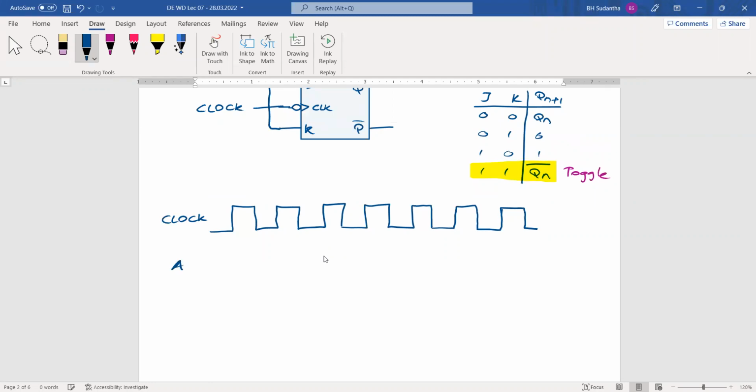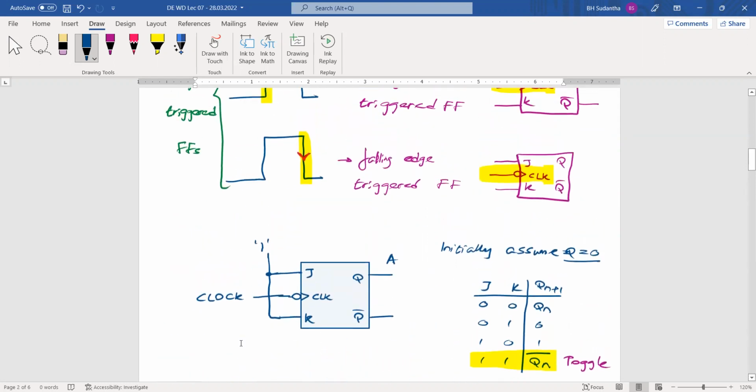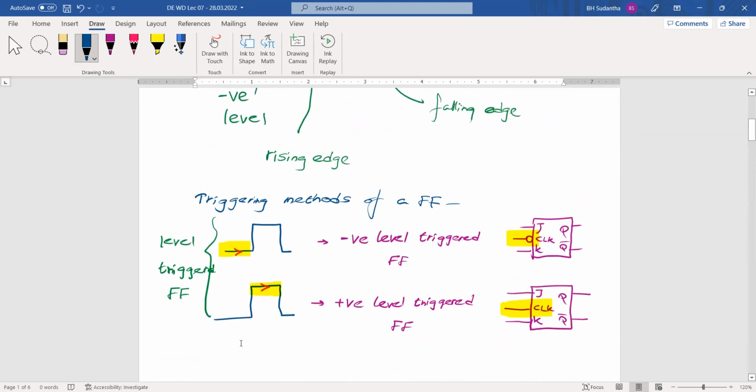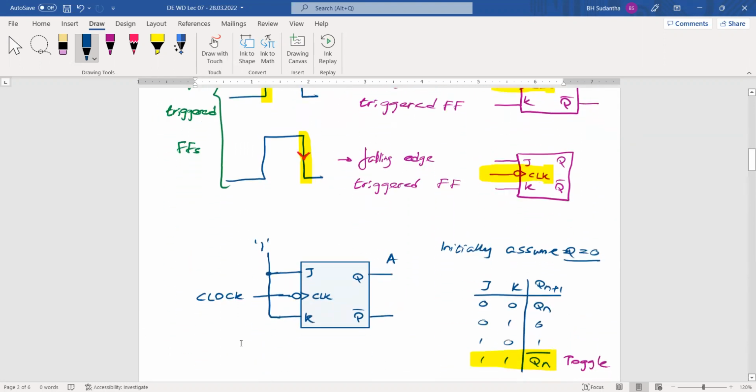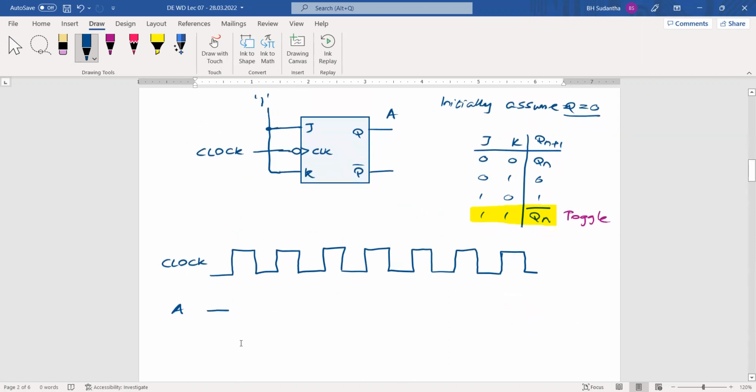Now we want to draw A. Initially A was 0, and after that we have to determine the value of A based on the knowledge we have gathered from this truth table and from our working experience with this flip-flop.